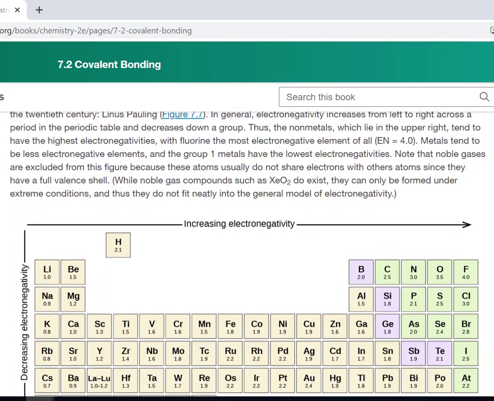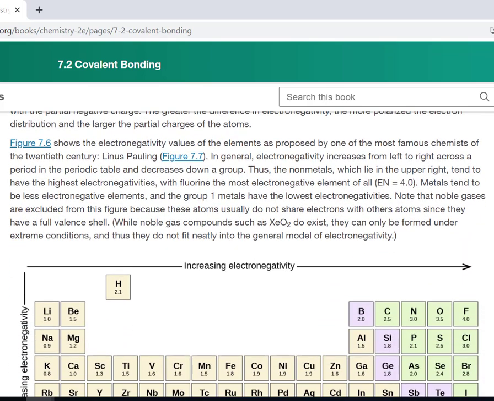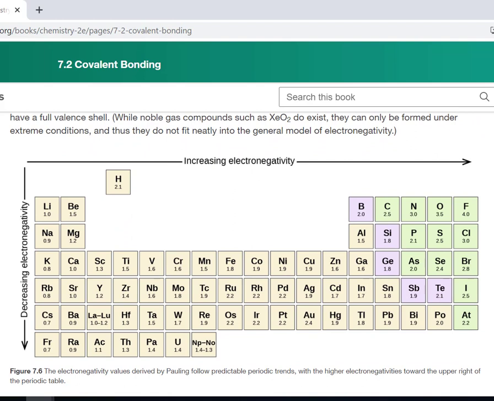We're showing here basically a periodic table that is showing electronegativity trends. And you don't have to memorize these numbers. You will be doing some calculations related to these numbers, but you would want to basically do two things.